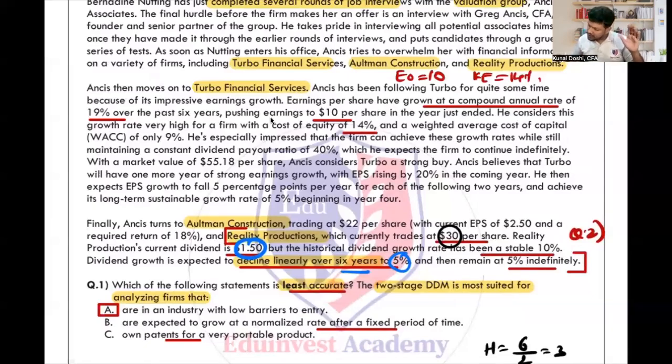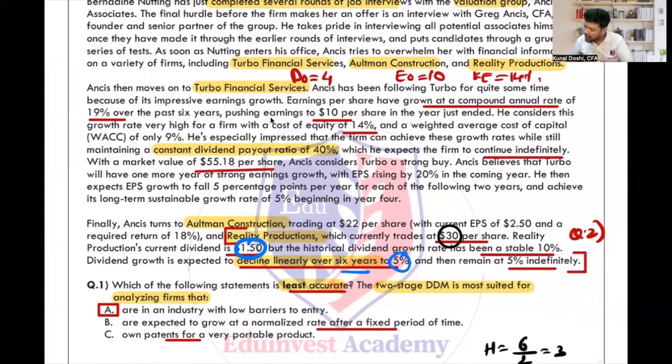Am I correct? He's especially impressed that the firm can achieve this growth rate while still maintaining a constant dividend payout of 40%. So my dividend is going to be 40% of 10, that is 4, which he expects to continue indefinitely, guys, indefinitely. And the market value is given as 58.18.